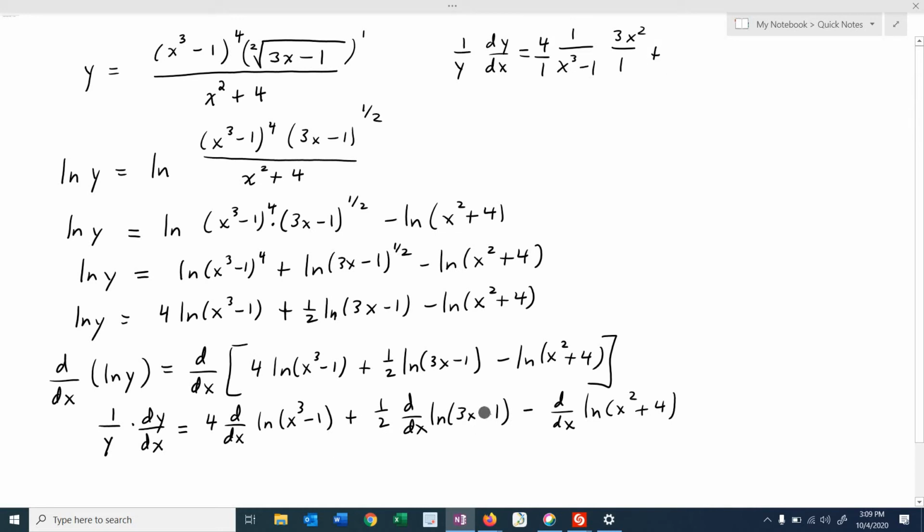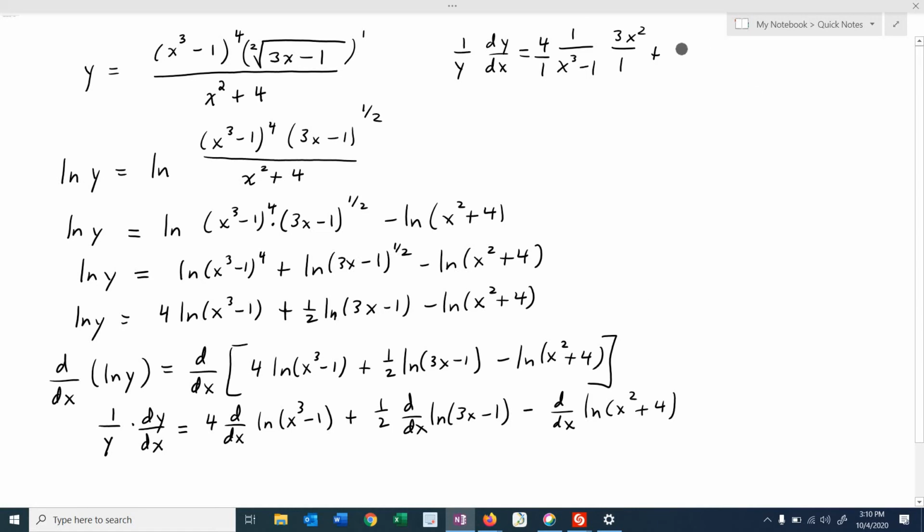Okay, plus, all right, now the derivative of this one would be, again, you have to use the chain rule. The outer function is the natural log function. The inner function is 3x minus 1. Then the derivative of the natural log function is 1 over x, except you substitute this inner function in for the x.